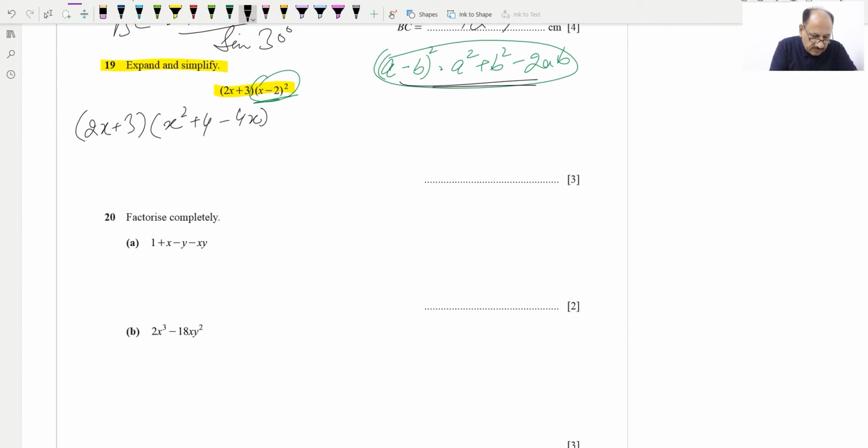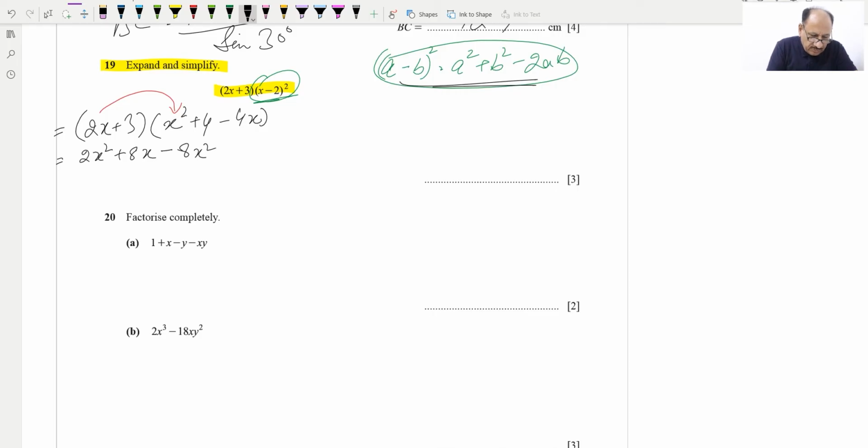Now we can multiply these terms. 2x multiplied by x square will give us 2x square, and 2x multiplied by plus 4 will be plus 8x, and then 2x multiplied by minus 4x will be minus 8x square.